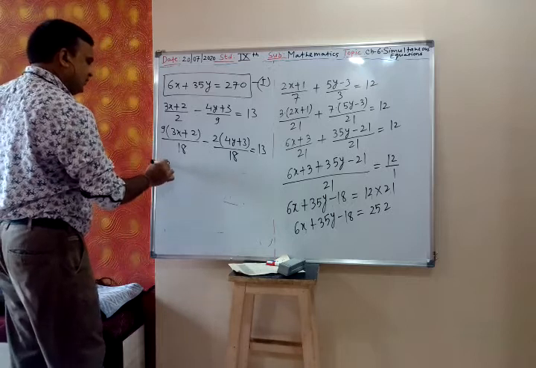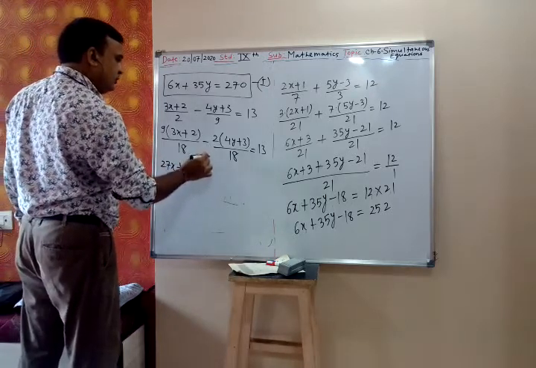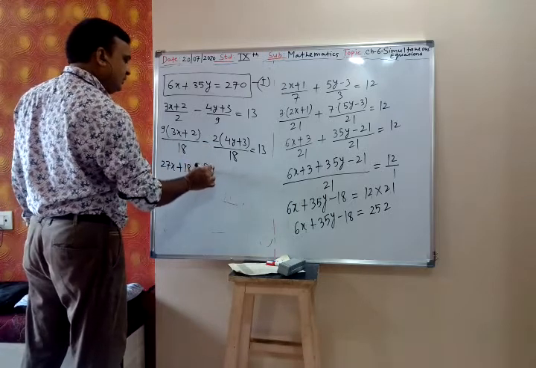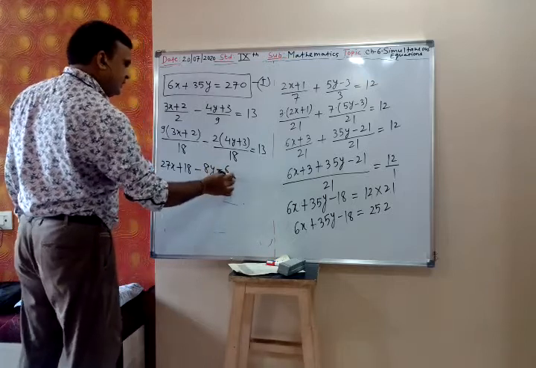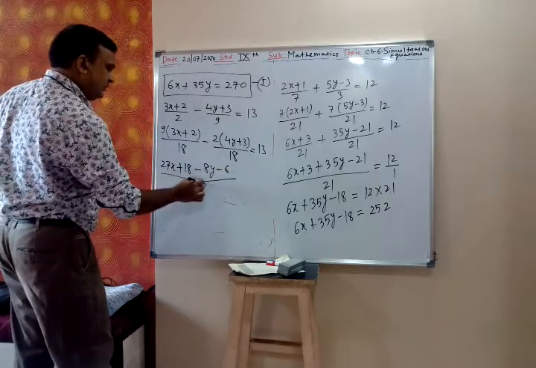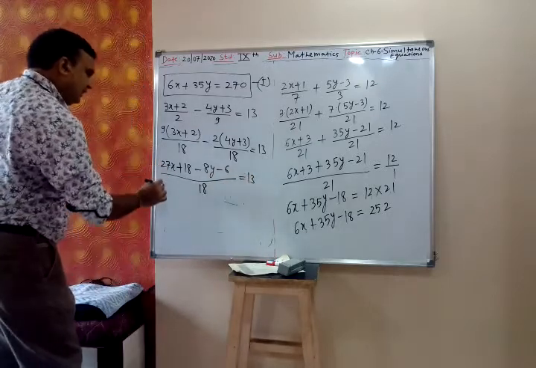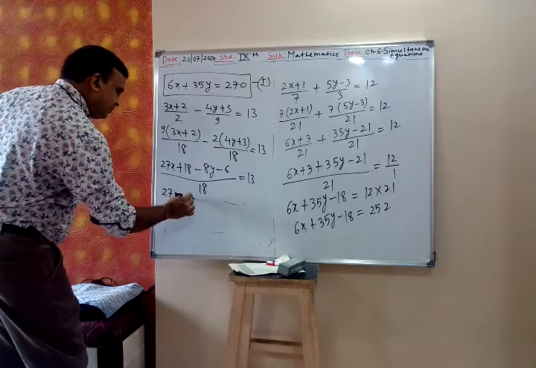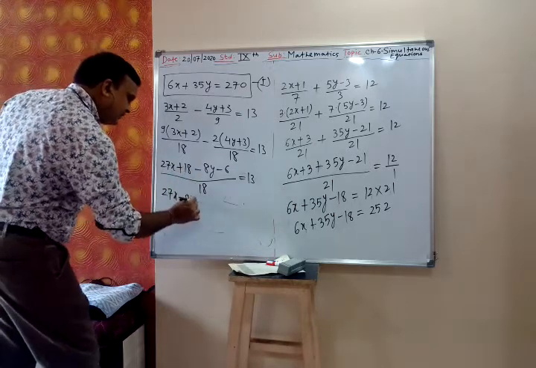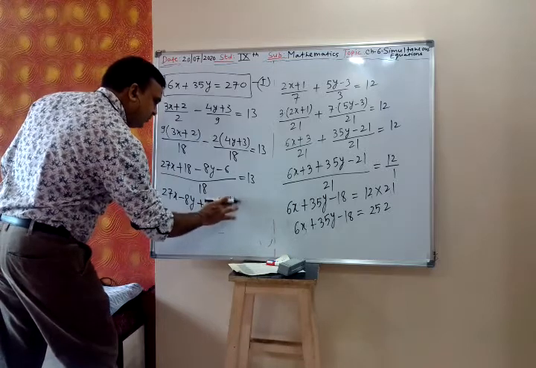So 9 3s are 27x plus 18, minus 2 into 4, 8y, minus 2 into plus 3, minus 6, upon 18 is equal to 13. So 27x minus 8y plus 18 minus 6 is plus 12 is equal to 13 into 18.